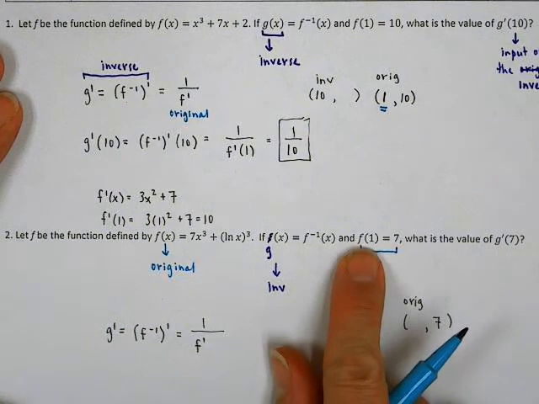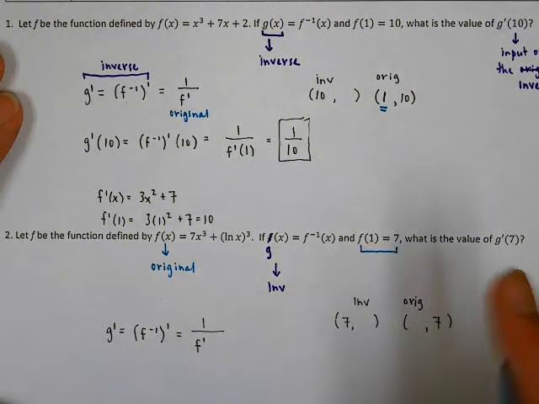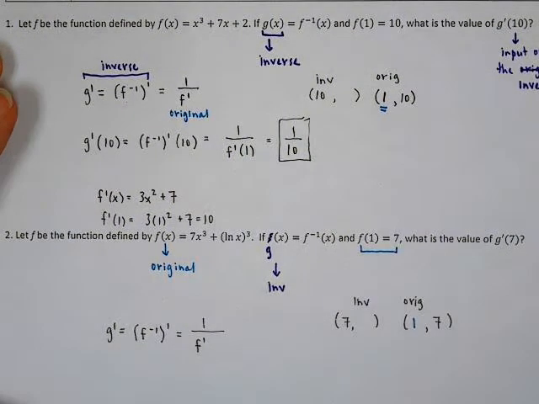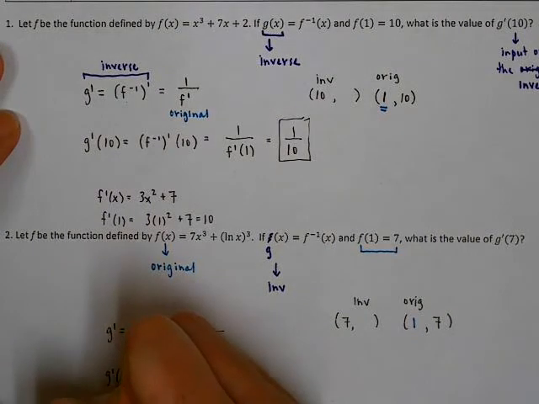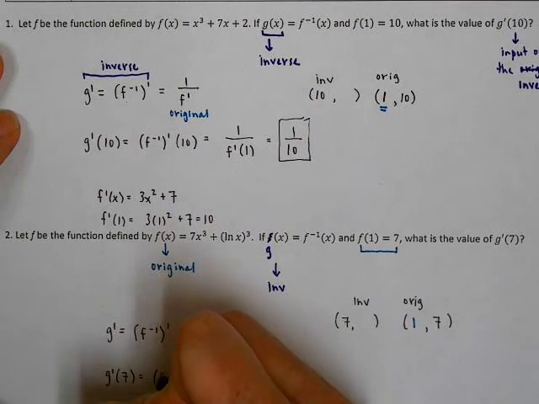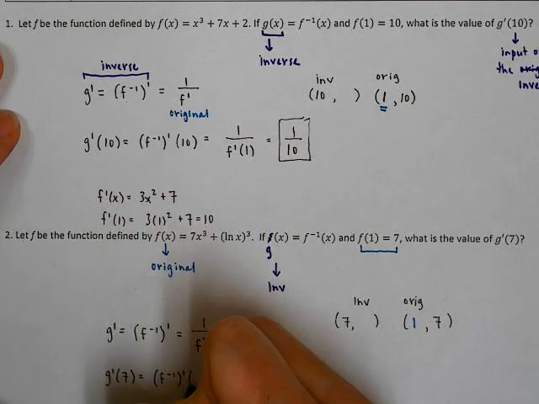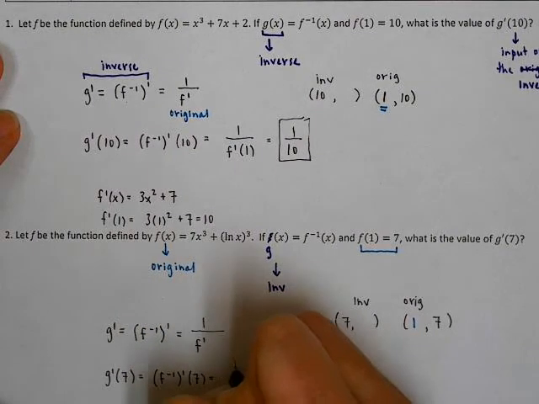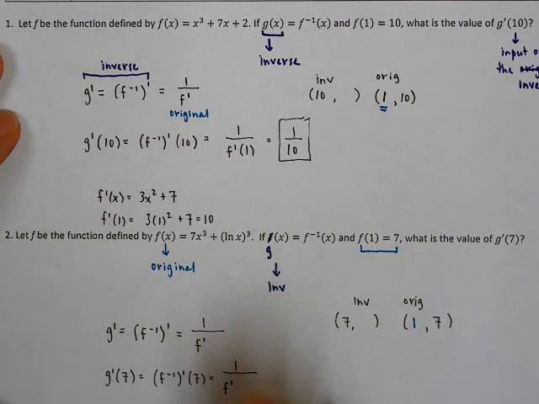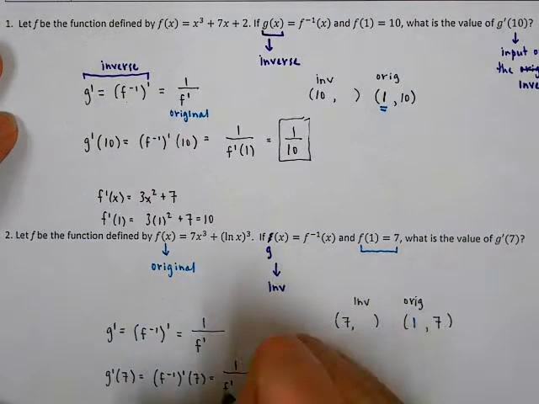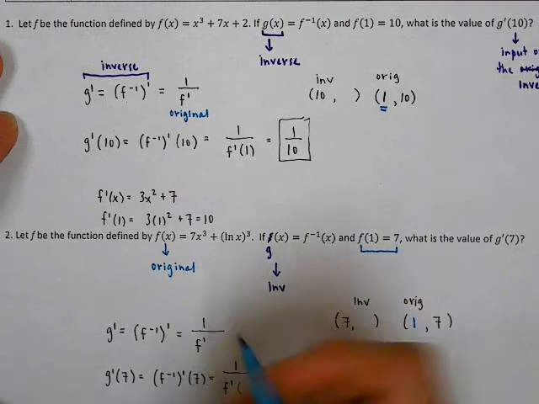That means the input of my original is 1. So now, when I go back here, g prime of 7 is equal to the derivative of the inverse at 7. But now I have the input of my original is going to be 1.